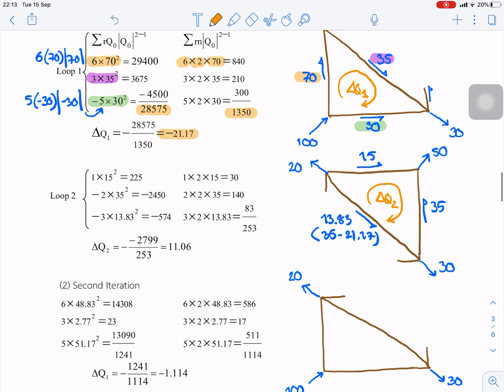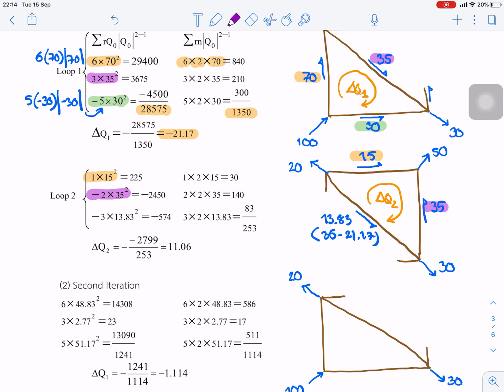Okay, we do the same for each pipe. This is for 50, and this is for 35.